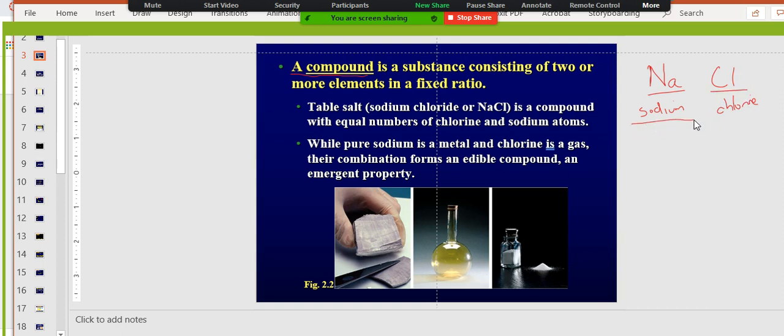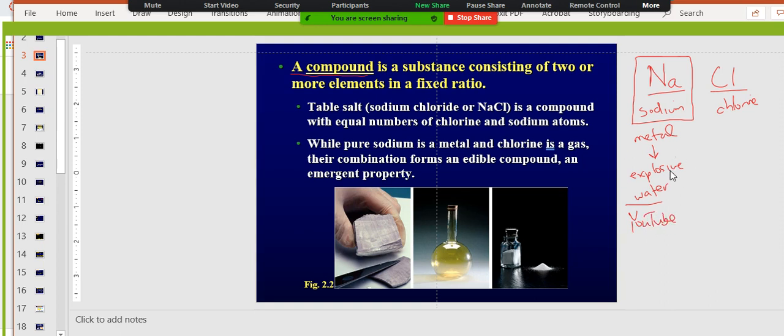So sodium is a metal. You can buy this on eBay if you want. It's very reactive. It's explosive in water. And so I'm not going to take the time to do this, but you guys go to YouTube and take a look.